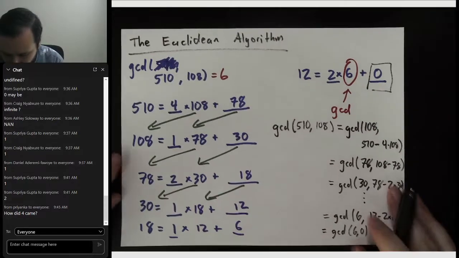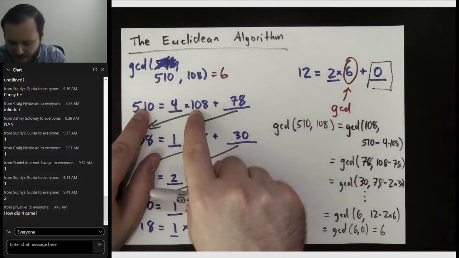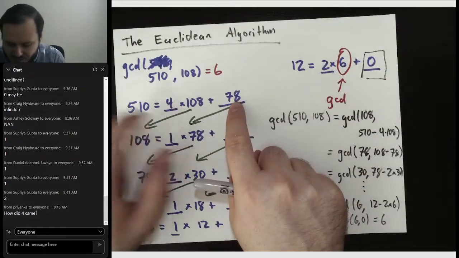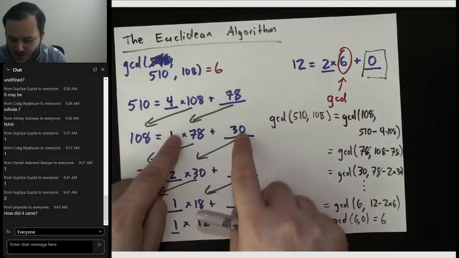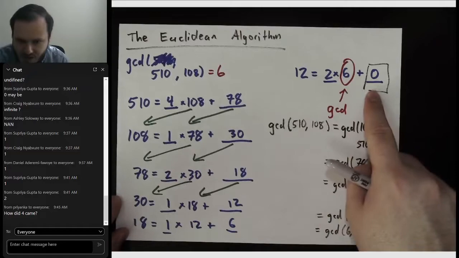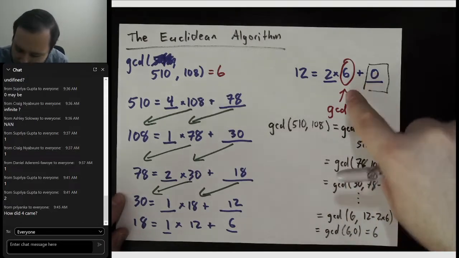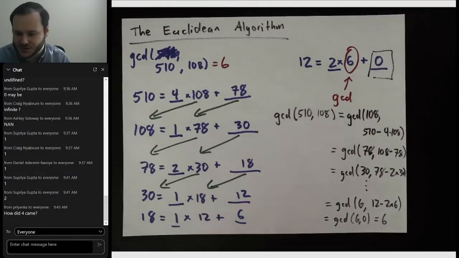So this is the algorithm. This is what you need to practice over and over again. 510, 108, do the division algorithm to get your Q and your R, and then shift over and do it again, and shift over and do it again, and shift over until you get down to a 0. The last thing that you shifted over is your GCD.